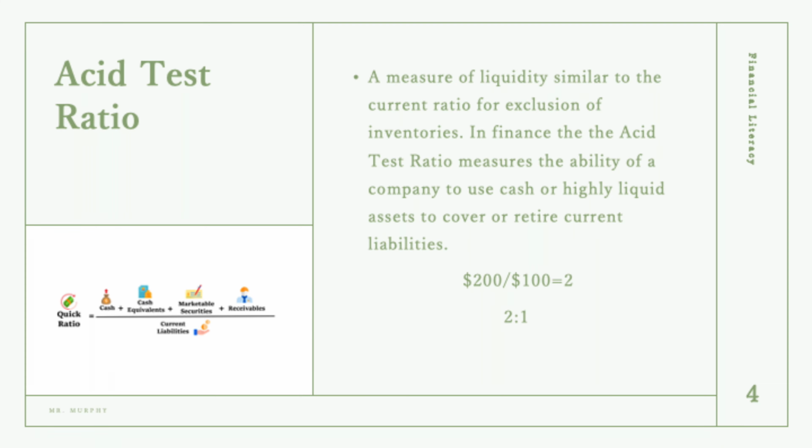What that would mean is we could pay off our current liabilities twice. So for every $2 in current assets, we have a dollar of current liabilities. This is a great ratio to see how fast you can get rid of your debt, your short-term debt, in a quick period of time. You can also use this in your personal life.